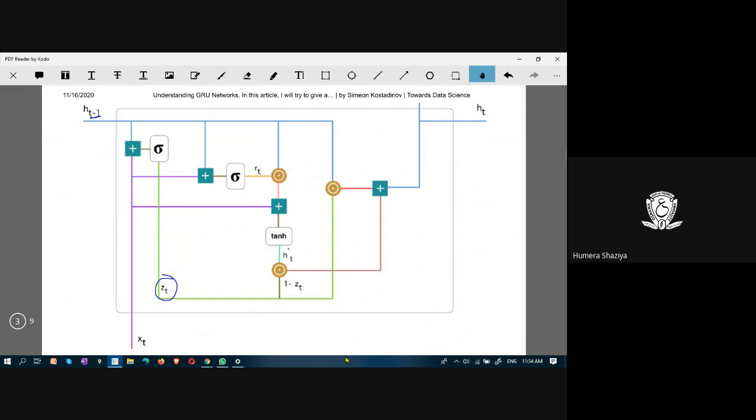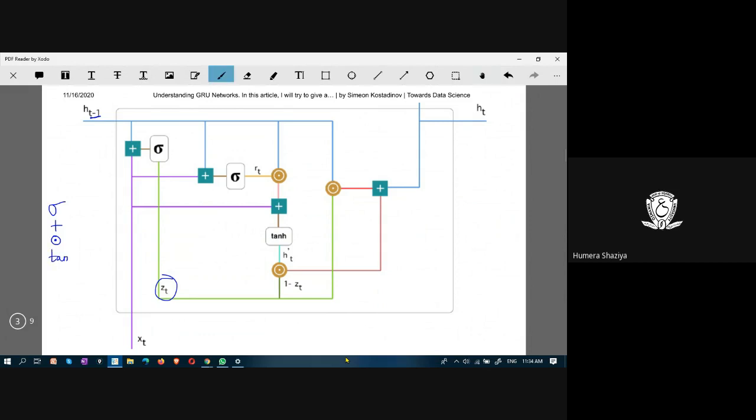In between, you are performing sigmoid operation, you are performing sum operation, element-wise multiplication denoted in this manner, a dot and a small circle. This one is also known as the Hadamard product.